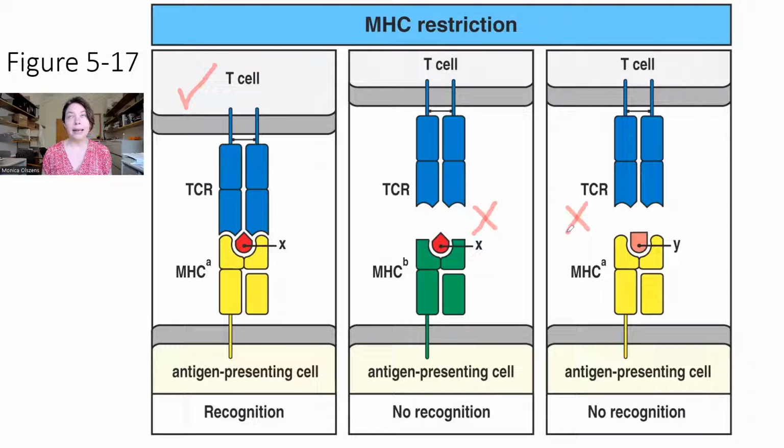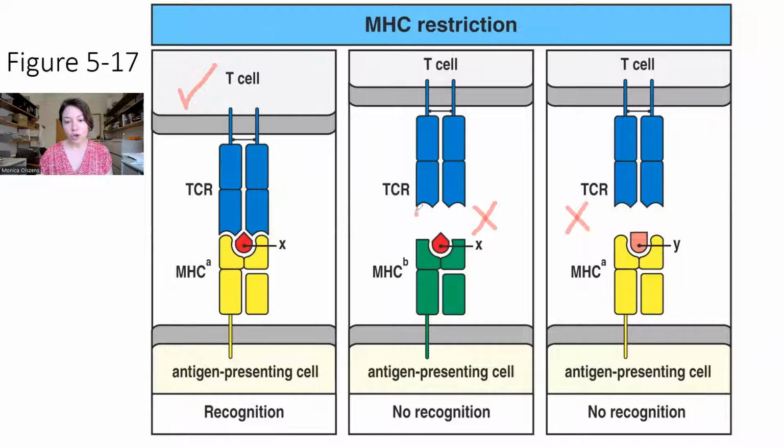So an antigen presenting cell seeking a T cell doesn't immediately find their match, their soulmate, whatever. It takes a long time. They might go through hundreds or maybe even thousands of T cells to find their match. So here, why didn't this match work? It's the wrong MHC.